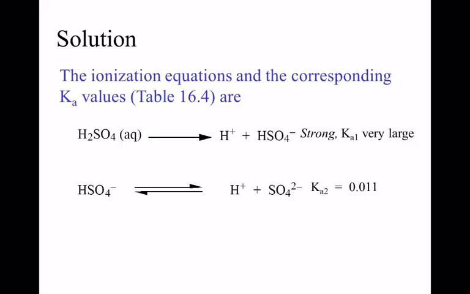That is ionization number 2. Notice there's a Ka value for this equilibrium, and we can write the Ka expression. It's the molar concentration of the products, H+ and SO4 2-, divided by the molar concentration of the reactant, HSO4-. And we have a Ka that's pretty high, 0.011.